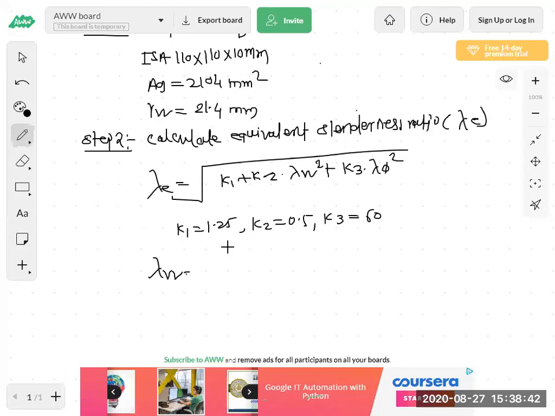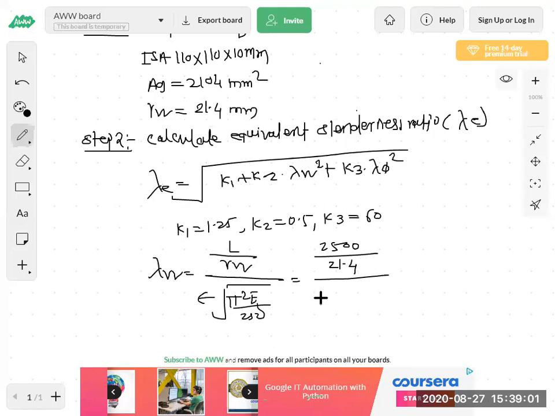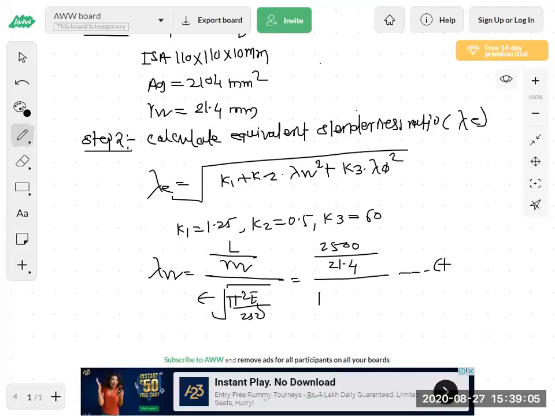So lambda VV is L divided by RVV divided by epsilon under root of pi square E divided by 250. Here L is 2500, RVV is 21.4, and epsilon is 1, because epsilon is equal to under root of 250 divided by fy, and the value of fy is 250.